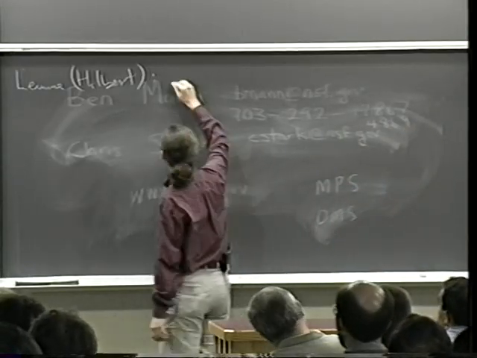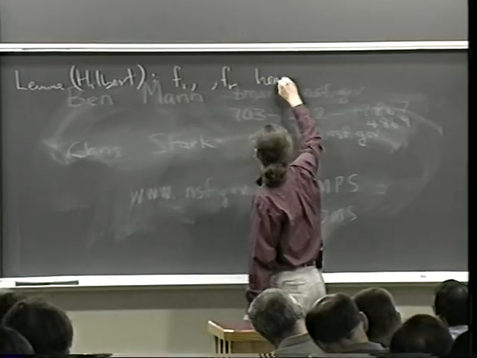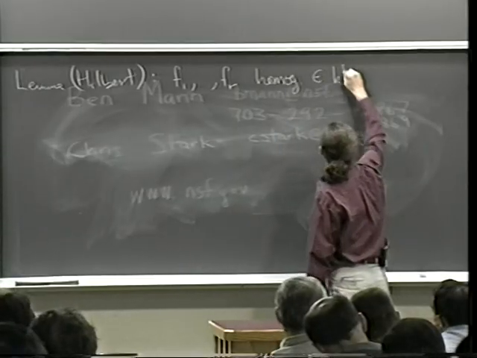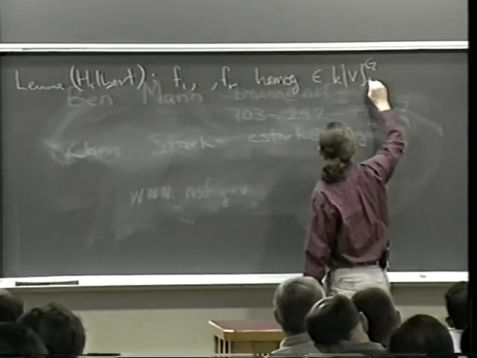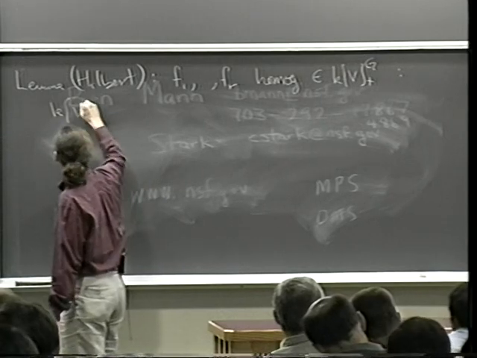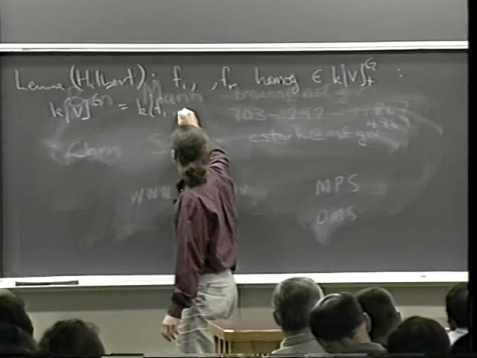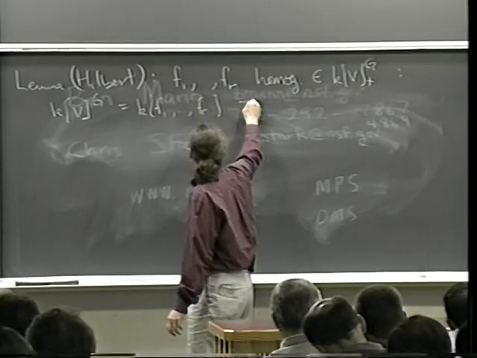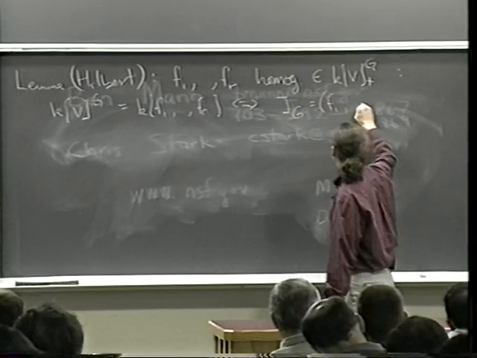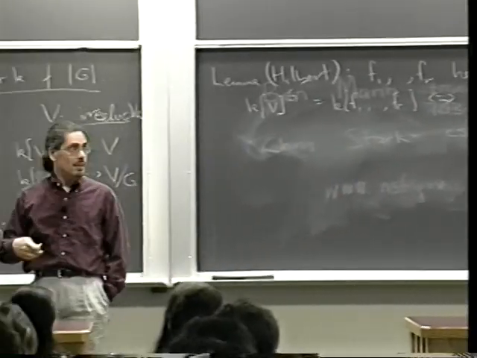Okay, so to be more precise, if F1 through Fr are homogeneous elements of the ring of invariants without constant terms, so of positive degree, then the ring of invariants is generated by the F's as a K-algebra if and only if the ideal is generated by the F's as an ideal. Well, and of course, this immediately implies that there's a finite set of generators.